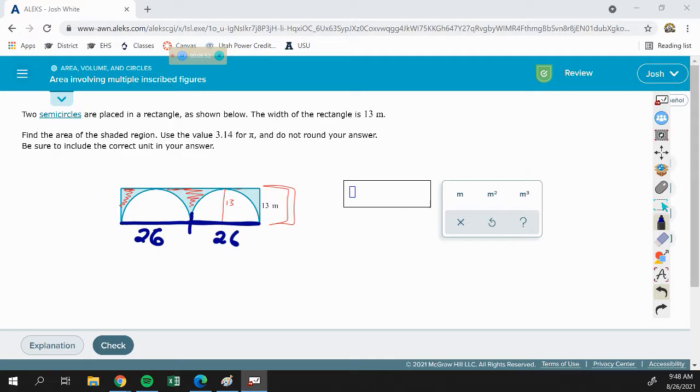Well, in order to figure that out, what area do I need to compute? Get 13 times 52, and then you would get the rectangle, and then you have to find the area of the circles, and then divide them in half.